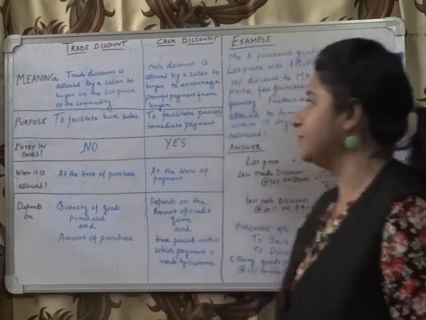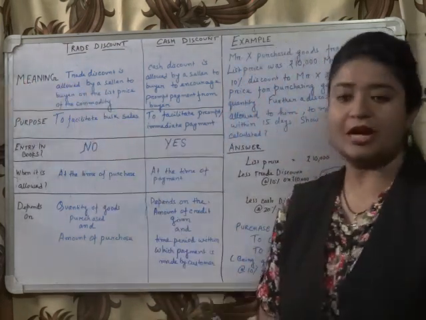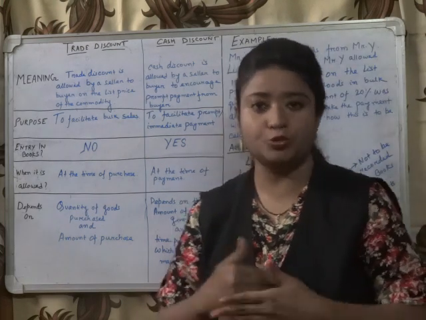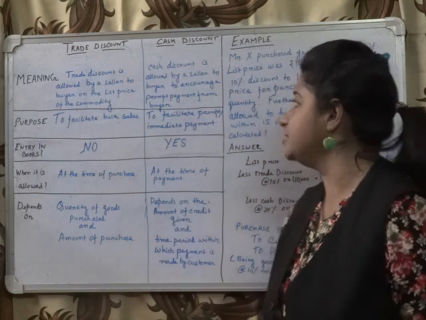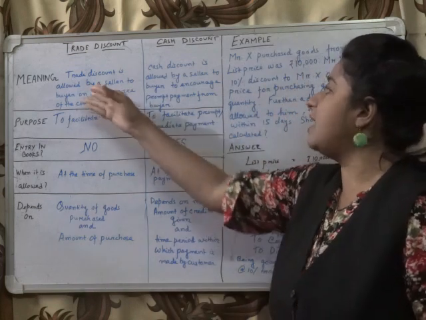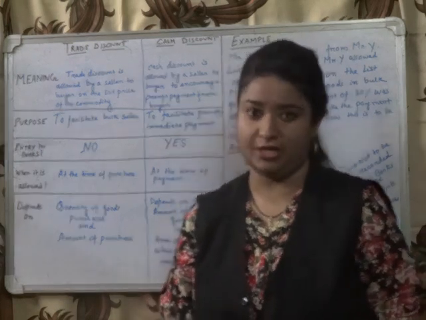So let's see. At first, it is written here: meaning. It is very important to know the actual meaning of trade discount, right? Trade discount is allowed by a seller to a buyer on the list price of the commodity.